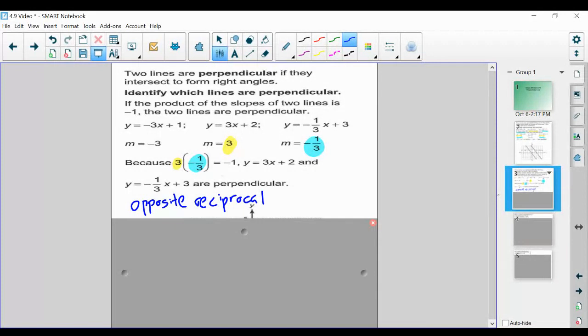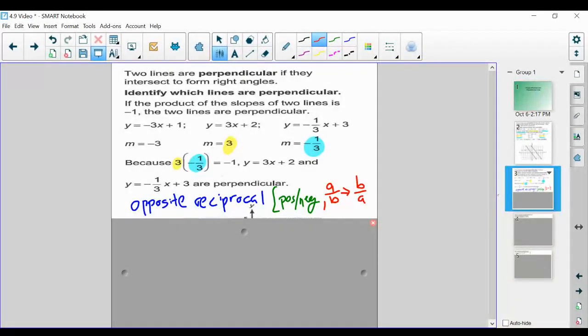What that means is we're going to be looking for slopes that are opposite each other, meaning one is positive and the other is negative, and the fractions are the reciprocal of each other. So we have to have a positive and a negative. And if we have a fraction, let's say a over b, that should also turn to b over a.